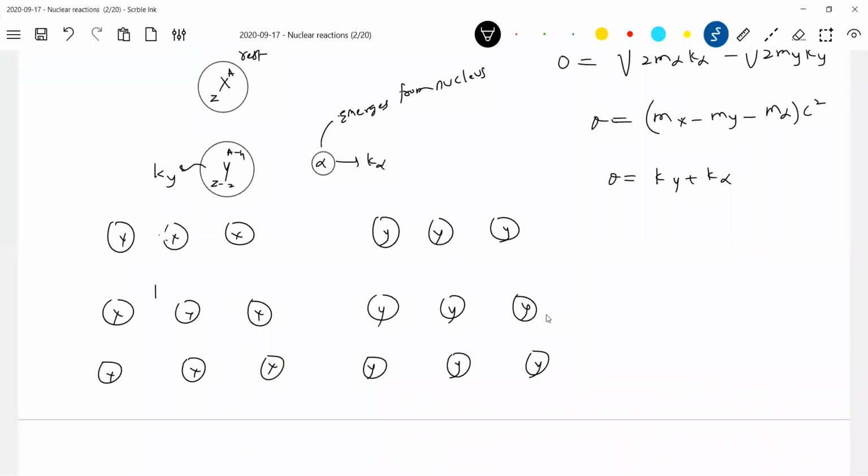All of them are at rest. The parent is at rest. These are the daughters formed, so we'll get alpha particle 1 here.